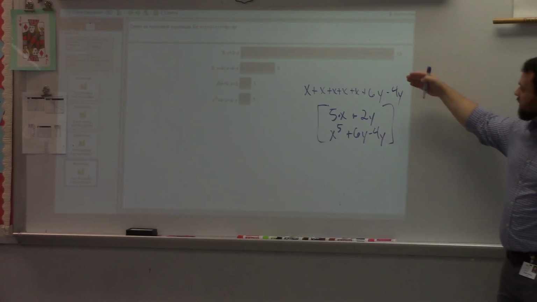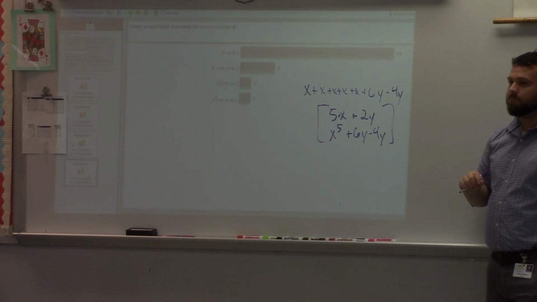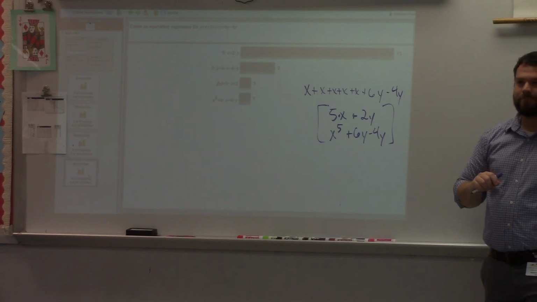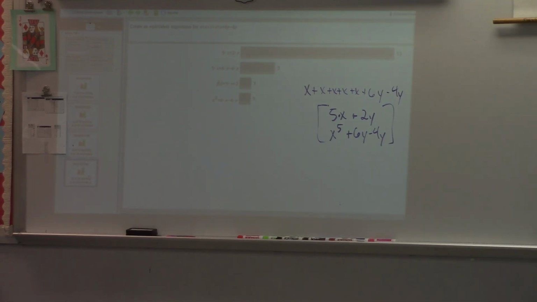And then so why is 6y minus 4y actually 2y? Because negative 4y. Because what? What do you think, Jaden? Negative 4. Yeah, but why does 6y minus 4y come out to be 2y? Because if you reverse it, like 4 plus 2, that equals 6.